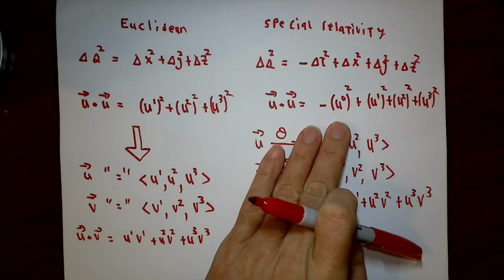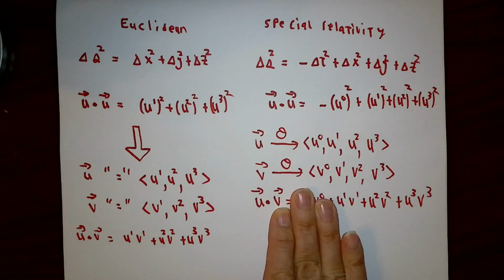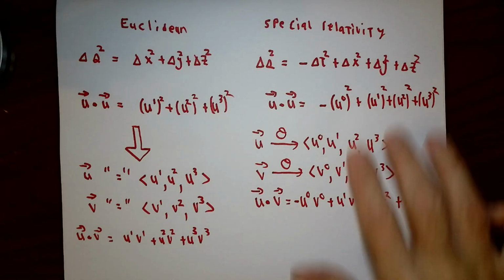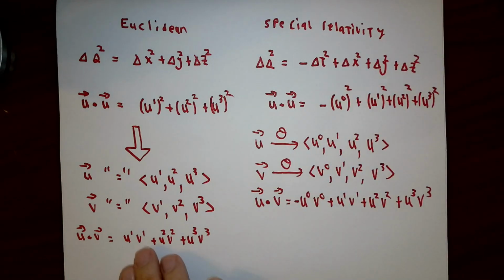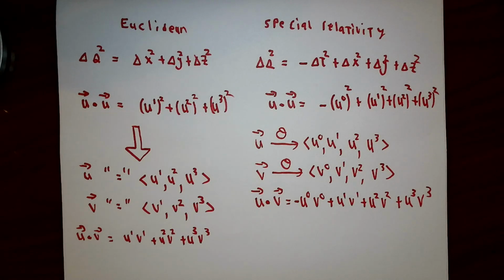But in view of what happened in the space-time interval, for the initial term, I'm going to multiply u0 and v0 together and then put a negative sign on it. This will make this as to that as this is to that. So when we say dot product in special relativity, we mean this and not that.